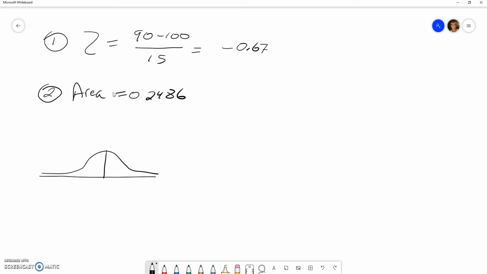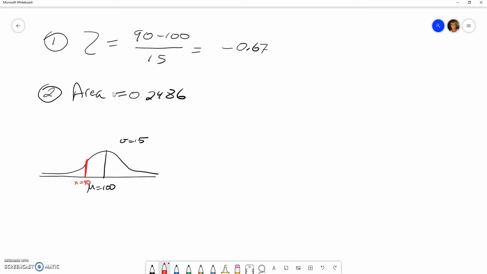The middle is where the average is. The average is 100. Has a standard deviation of 15. We're just going to make that note up there. And we're looking for the probability that a randomly selected individual has an IQ greater than 90. 90 is on this side. So there's X equals 90.